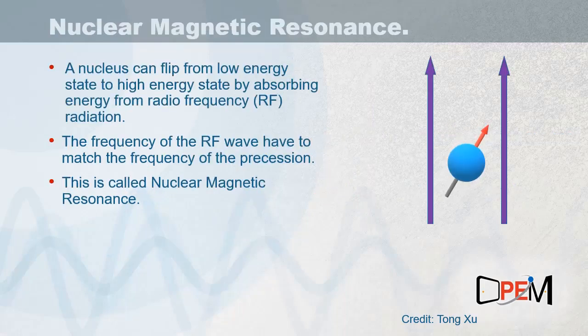A nucleus can flip from a low energy state to a high energy state of precession by absorbing energy from radio frequency radiation.